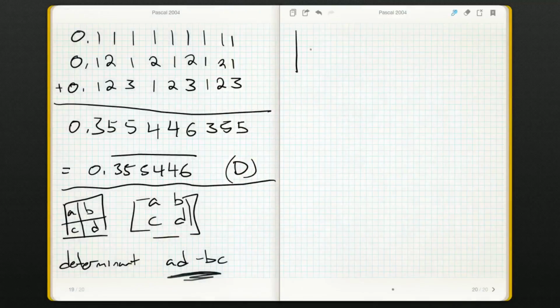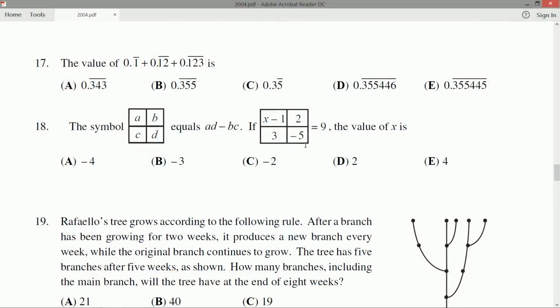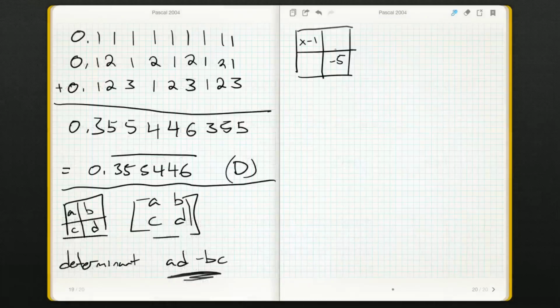But what have we got? We are told we've got x minus 1, minus 5, 2, and 3. So we're told this, and we know that the box expression turns into A times D, so x minus 1 times minus 5, minus 2 times 3.